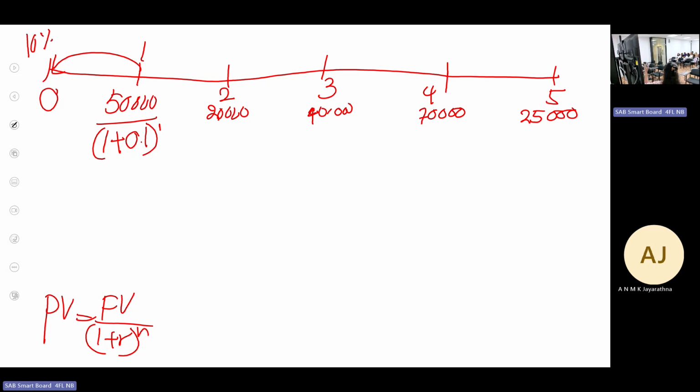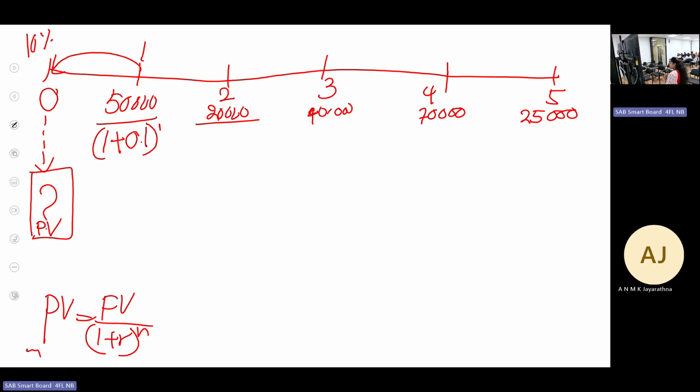This is happening at the end of the first year, therefore n should be 1 for that particular cash flow. But the second cash flow, 20,000, will occur after 2 years, and you have been asked for present values of all these cash flows for today, at year 0.